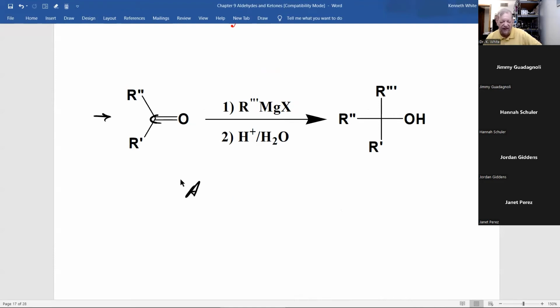Let's say you take A, and first you react it with B. And now, second step, you react it with C, and you make D. Now, I could have written it like this.